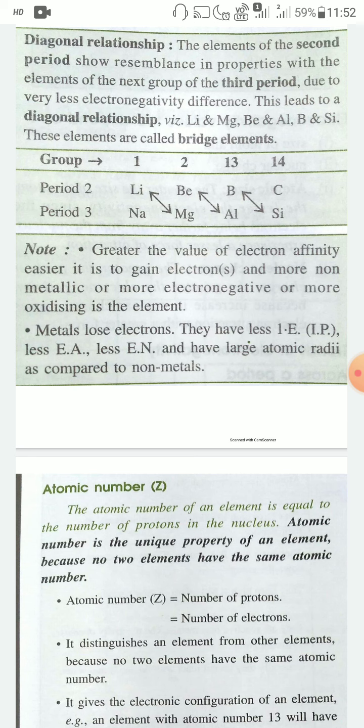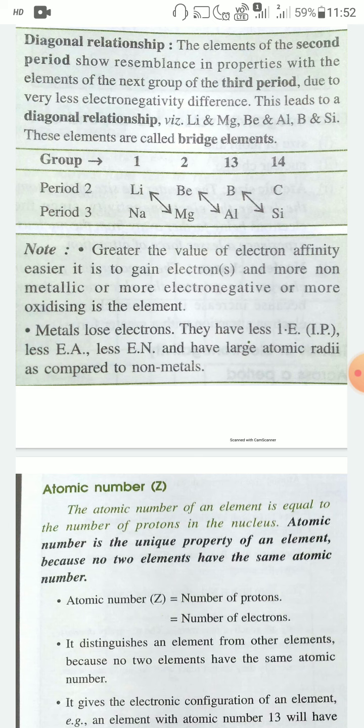Now again one note: the greater the value of electron affinity, the easier it is to gain electrons. Electron affinity means the energy change due to the addition of one electron to a gaseous isolated atom.